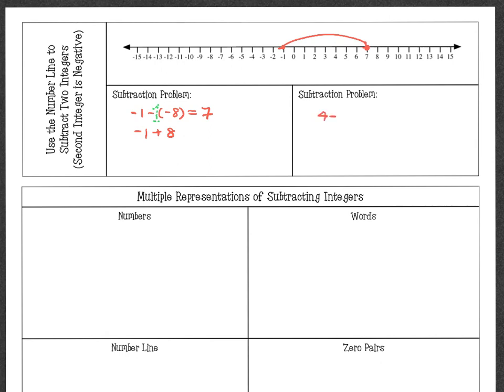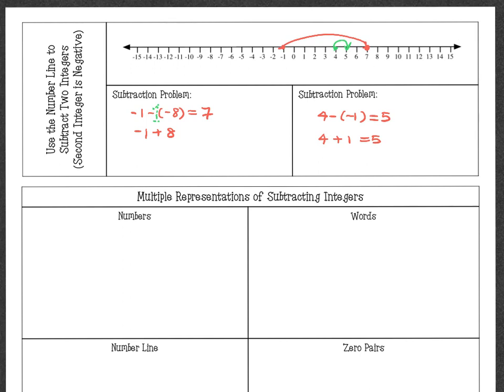Another example, 4 minus negative 1 equals 5. Again, double negative makes a positive. That's how I came up with 5. If you want to do it on the number line, it's easy: 4 plus 1.